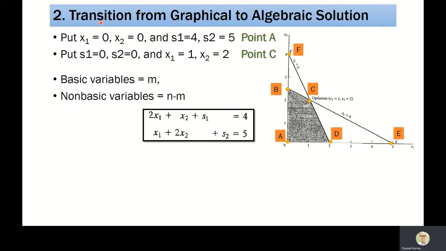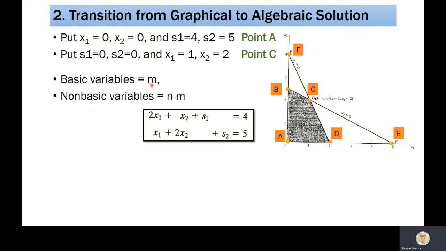Let us transform the graphical solution to the algebraic solution. The equations given in the previous slide, we are using the same equations, and we have drawn them on the right hand side. Here, different corner points are represented as A, B, C till F. Now, here we are writing two types of variables. One is called basic variables, another is called non-basic variables.